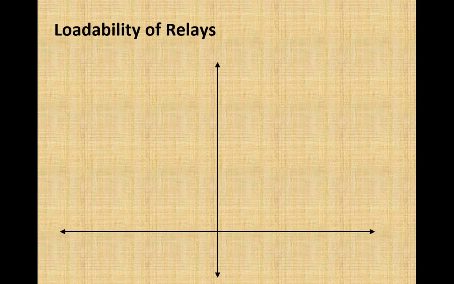In the RX diagram, the horizontal axis is the resistance axis and the vertical axis is the reactance axis. Let's assume this is a load line which has a power factor angle equal to phi, and if we keep it fixed, the impedance across this line will move towards the origin as load keeps increasing.